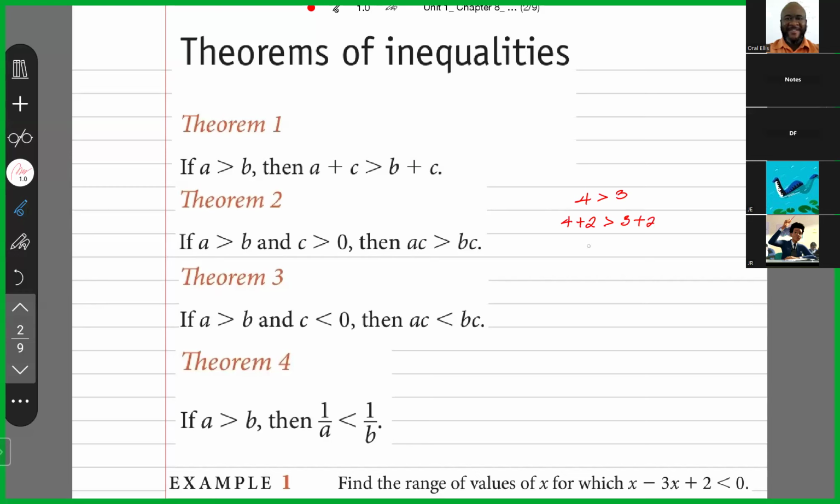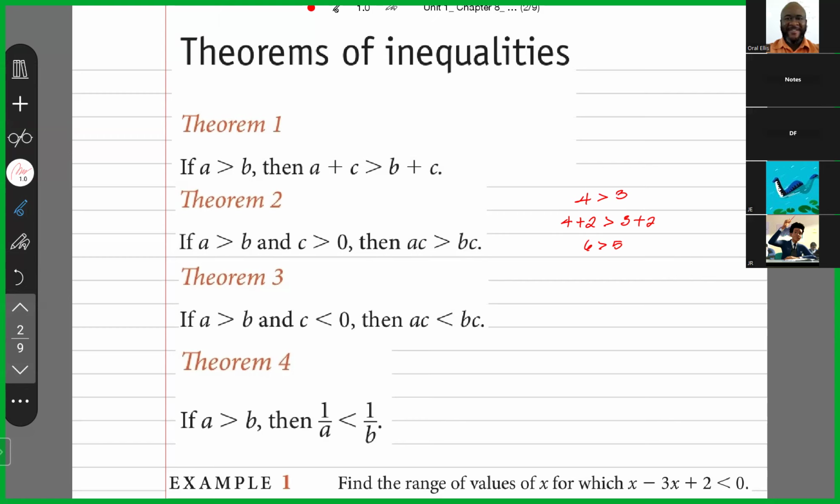That's what it is saying, which is 6 is greater than 5. So theorem 1 is saying, if A is greater than B, then A plus C is greater than B plus C. In other words, you can add the same number to both sides of an inequality and the inequality will not change.